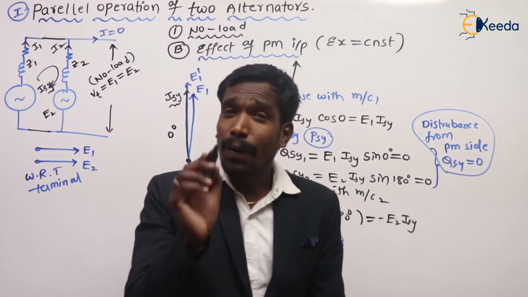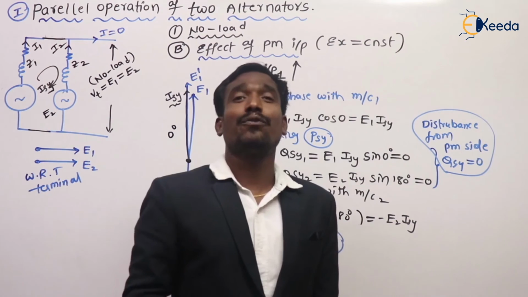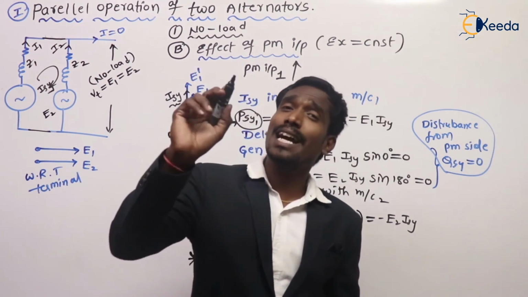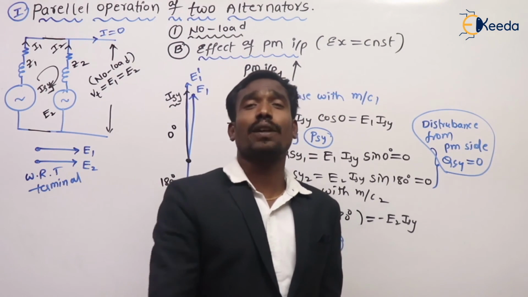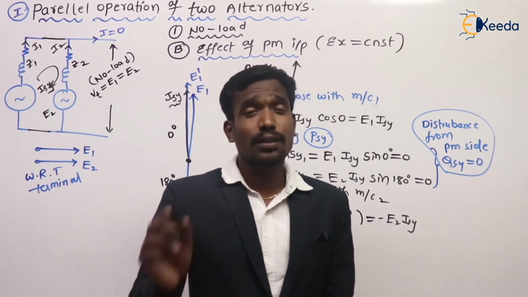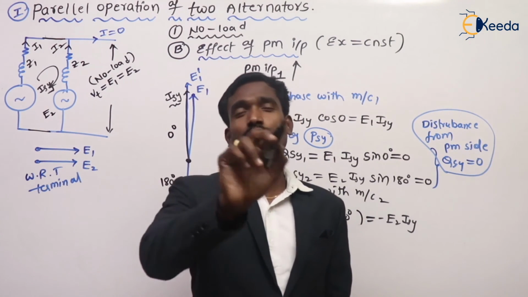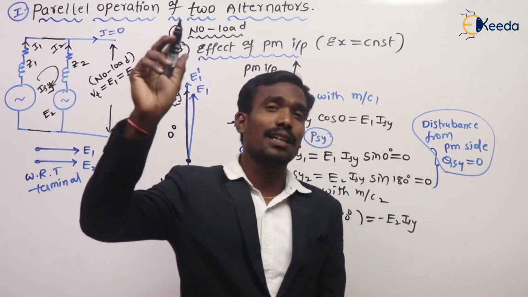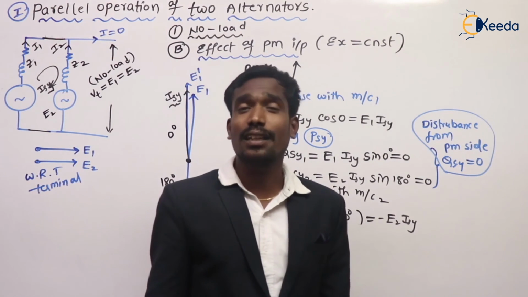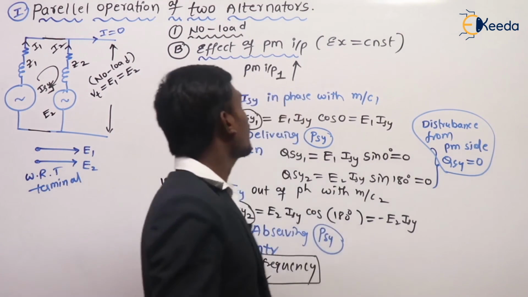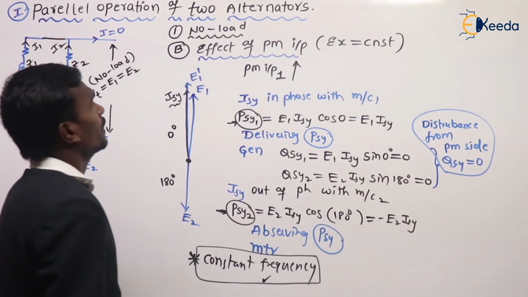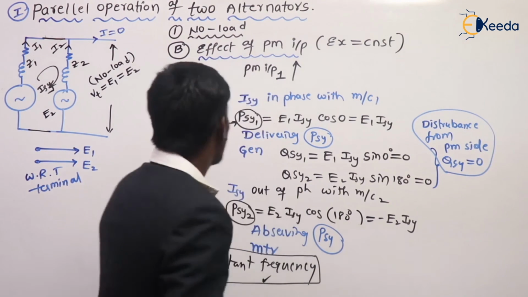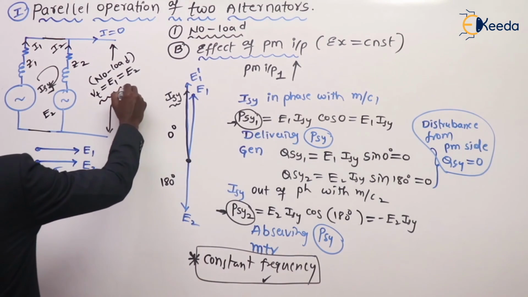By controlling the frequency, we can control active power. By controlling the active power, we can change the frequency. So the frequency and the active powers are interrelated, and terminal voltage and reactive powers are interrelated. This is the effect of prime mover input on two parallel operating alternators at no load condition.